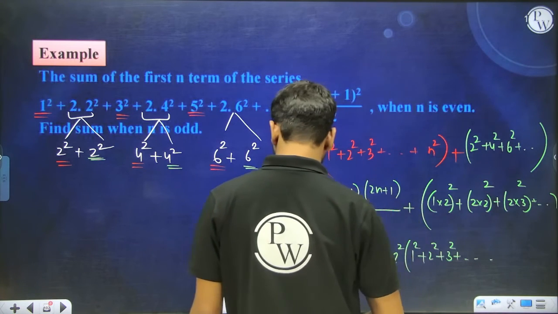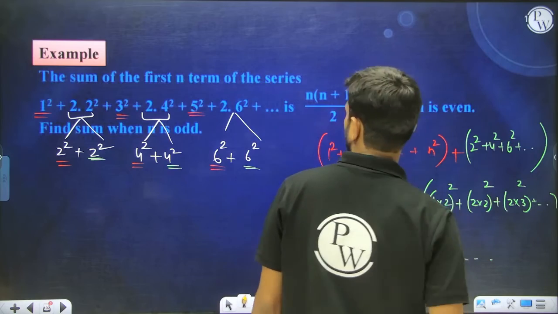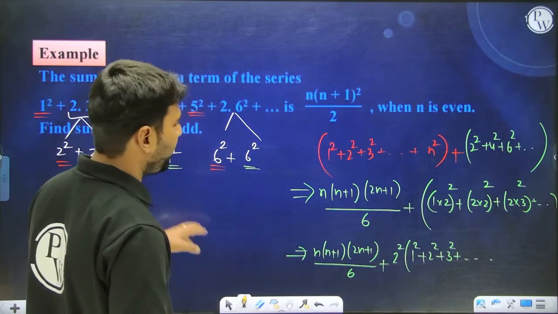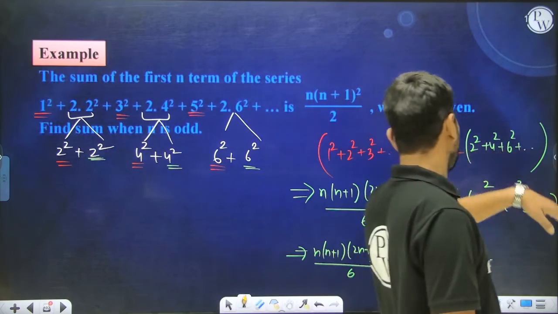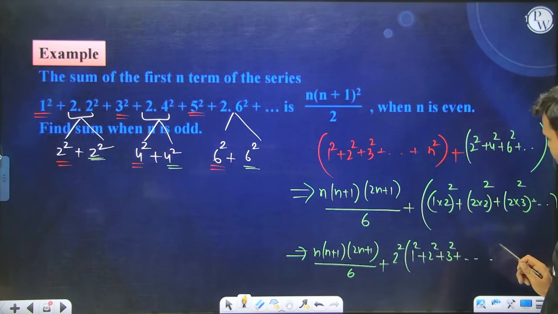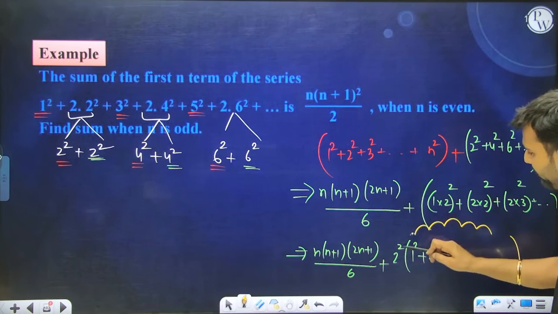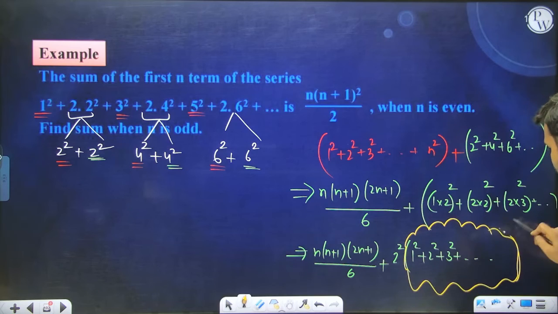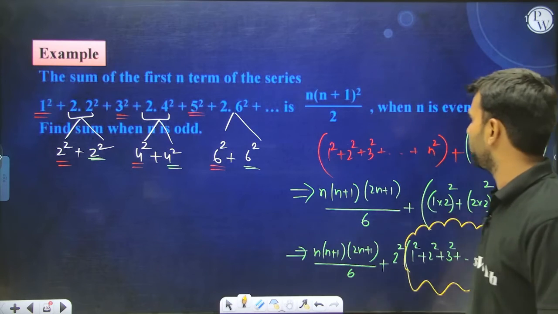But since this is going from first n terms, so this will go till n square, I guess. No, (n by 2) whole square only. So accordingly you will be able to get the value of this as well and the question will be done, right? Okay, moving on to the next thing.